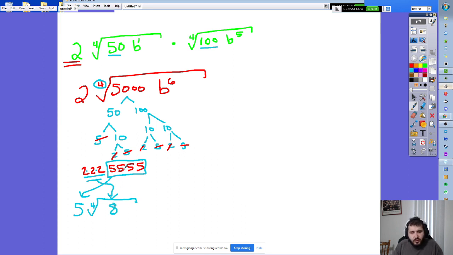Remember that 4 5s coming out, that's the same thing as us breaking this 5,000 down into 625 times 8, and recognizing that, hey, the 4th root of 625 is exactly 5, and that 4th root of 8 I can't do.